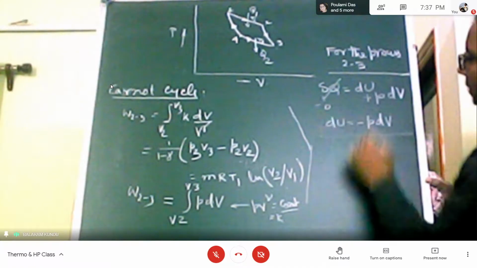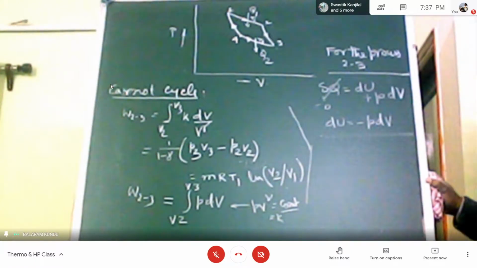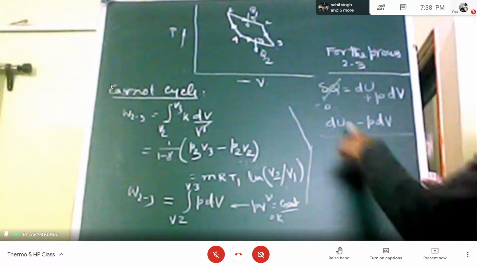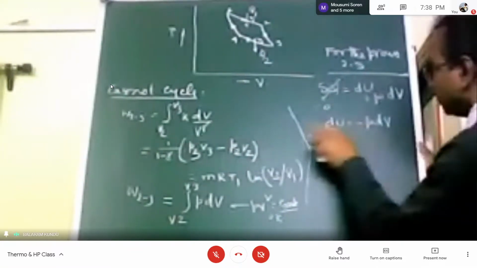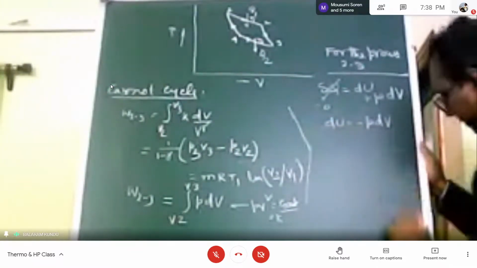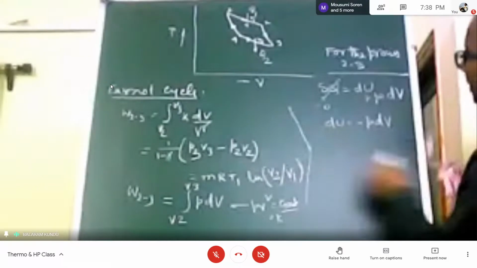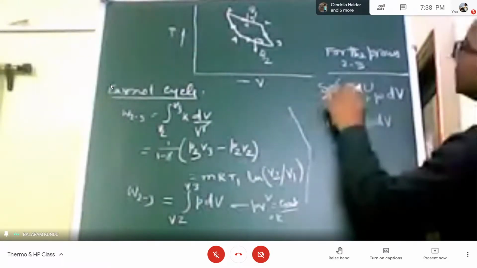So du equal to what? du is equal to Cv into dT here. So du equal to Cv into dT, and PdV is there. Using the ideal gas law, it is possible to get an expression.